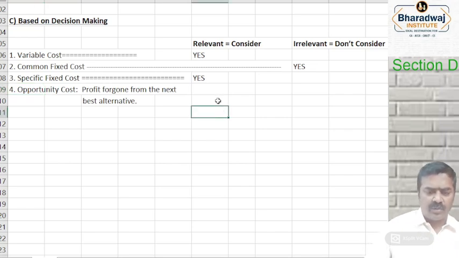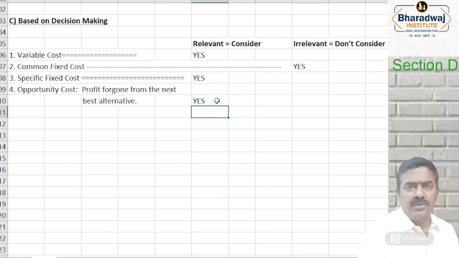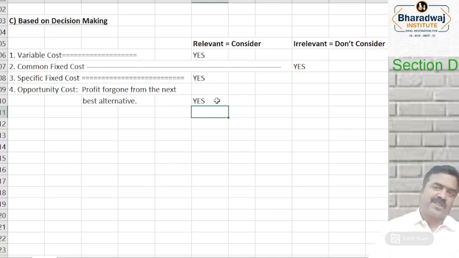One more example. For example, you want to start a business. You're asking your father or grandfather to withdraw the deposit and give it to you for starting business. What is the first thing they will ask?